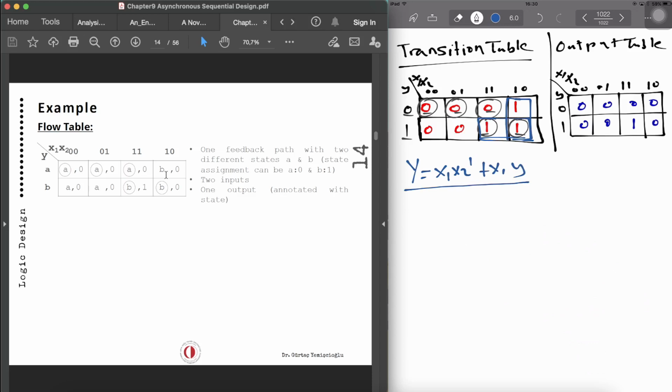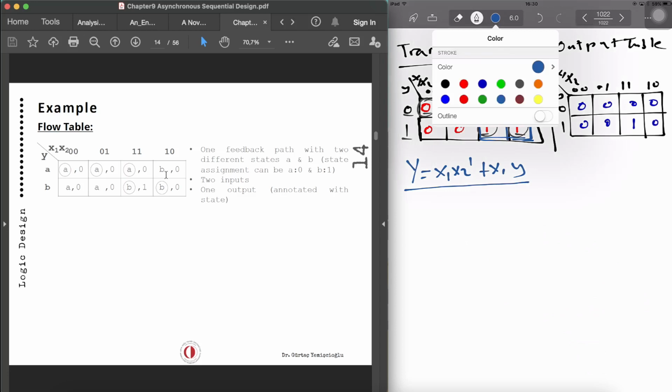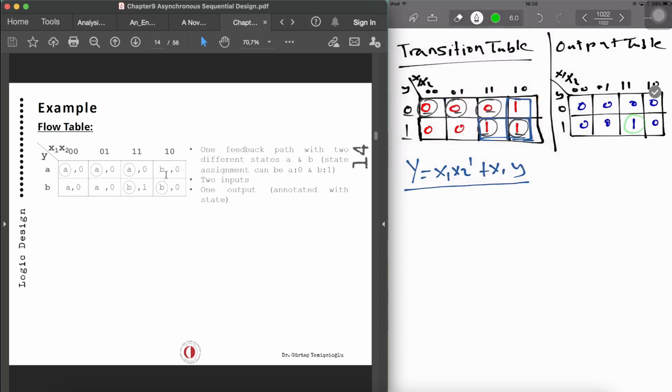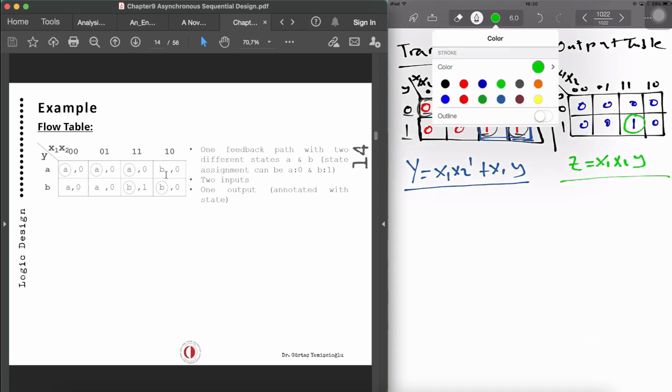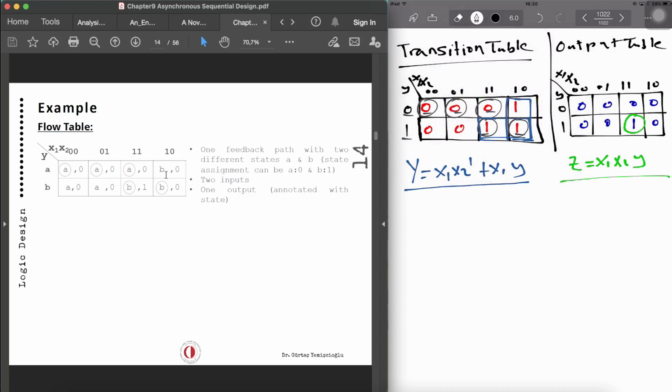And for the output, it's just 1 over there. So z is x1, x2, y. Now we have got the expressions. All we need to do is draw it.